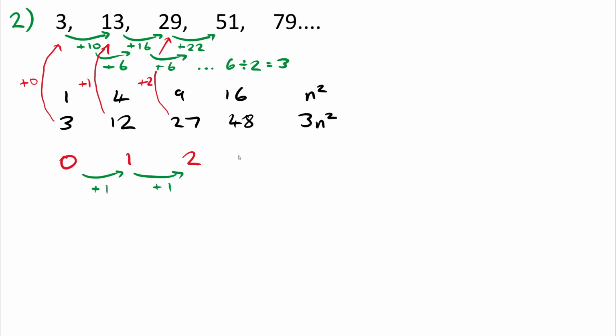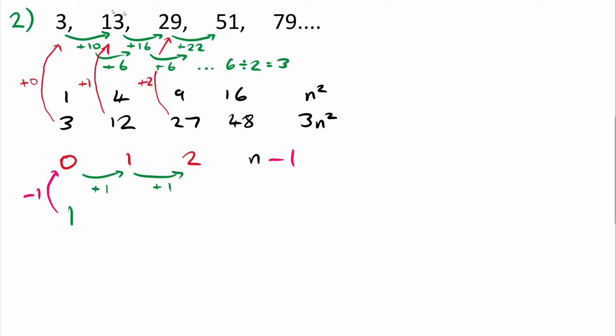Well, that's just 1n, or n, right? It's the 1 times table. But there's actually no harm in writing 1n. That's still valid if unconventional. But the 1 times table doesn't start with 0. It starts with 1. So we're different. How different? Well, you need to take away 1. So this is the sequence 1n take 1, or n take 1.